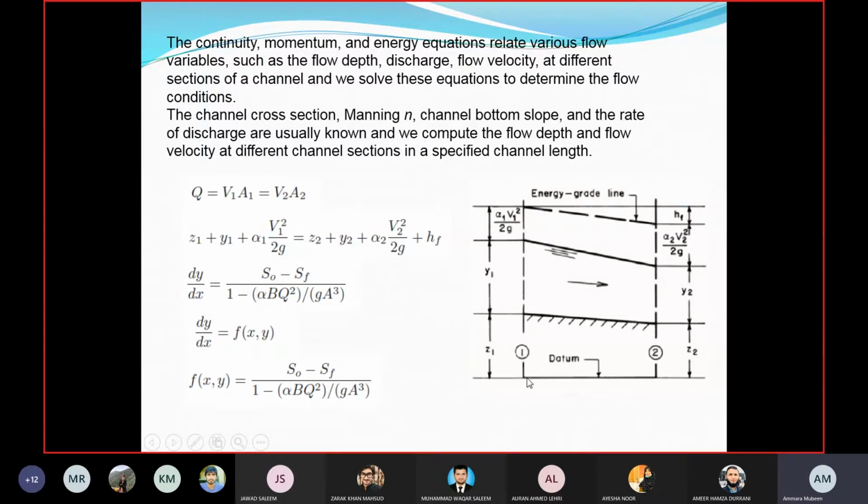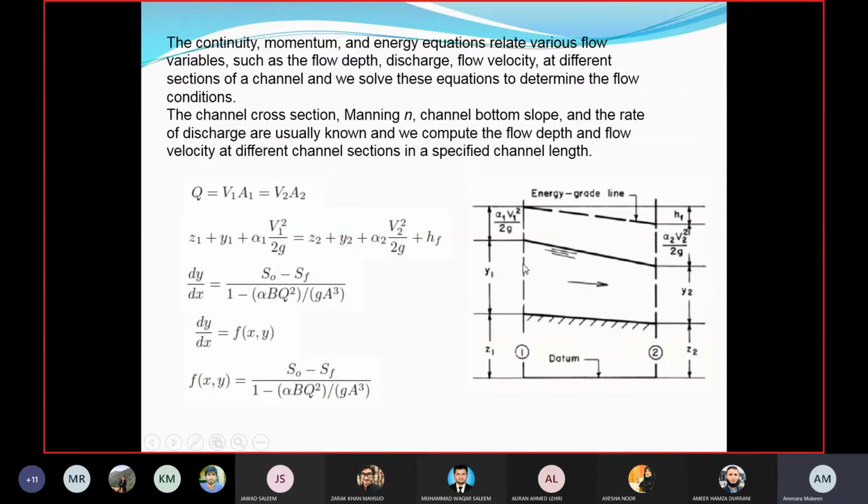According to the energy equation, or the law of conservation of energy, if this is the datum, any reference line, and it is horizontal, then the distance from the datum to this point on the bed would be Z1, and it represents the potential energy at this point.